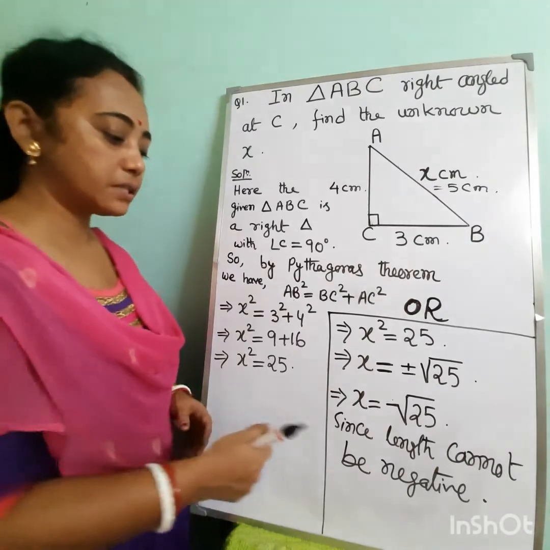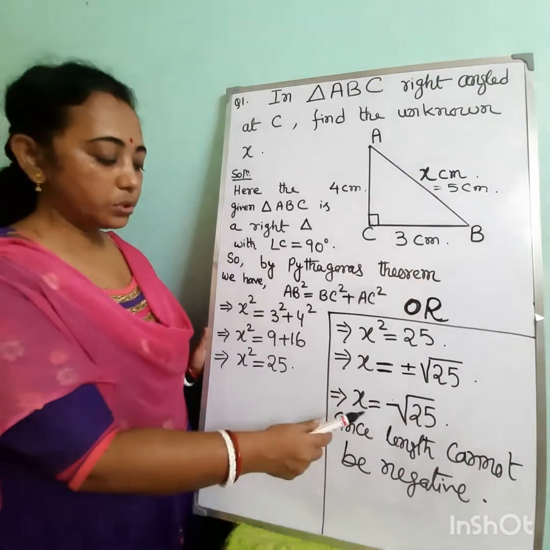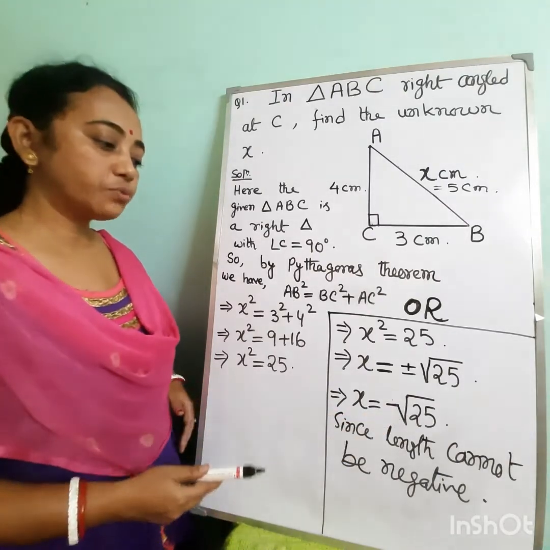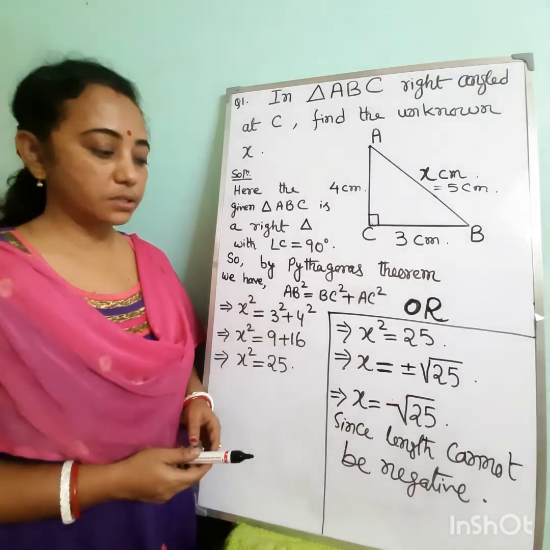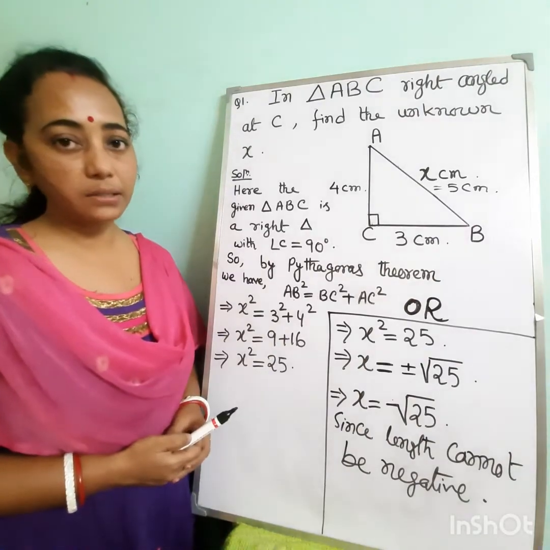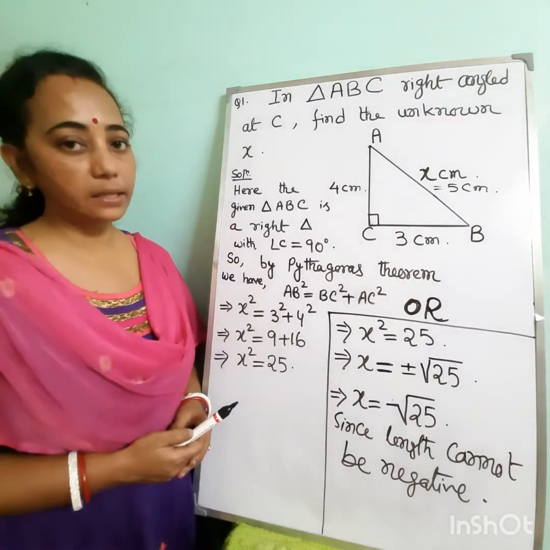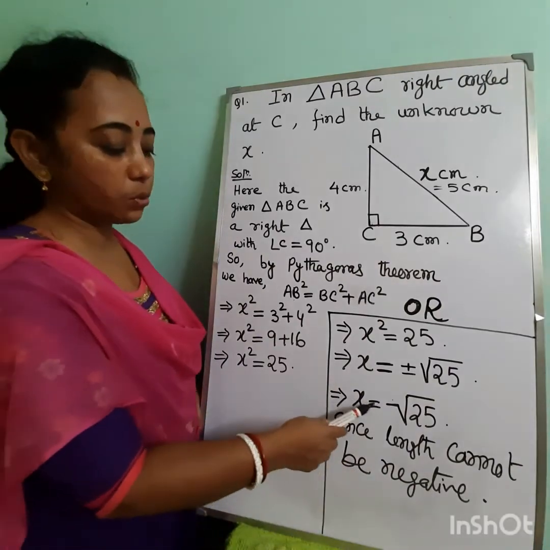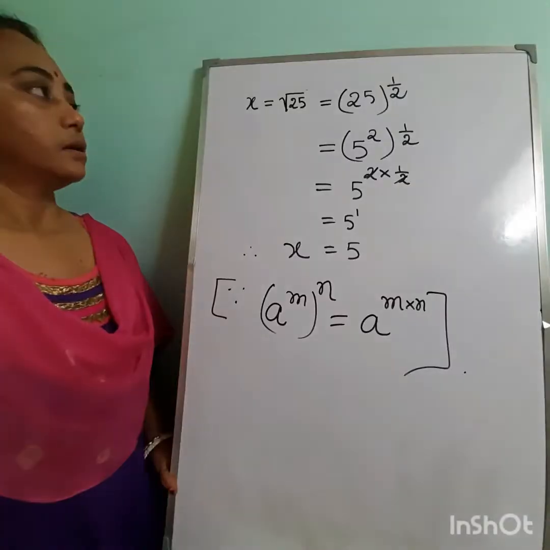So here we will consider only the positive root. So this implies x is equal to root 25. So from now onwards, when we do this type of question, we will only consider the positive root 25 because length cannot be negative. So x is equal to under root 25.